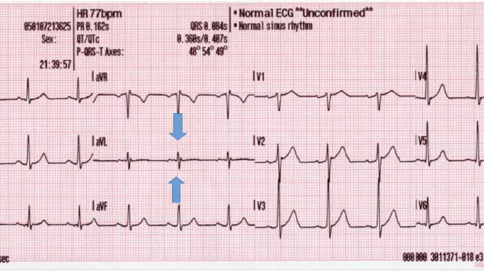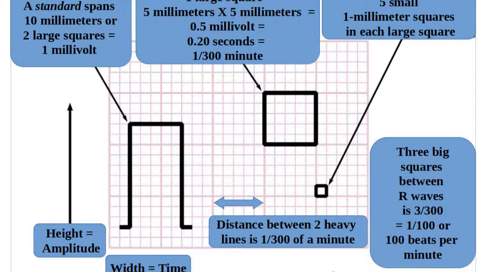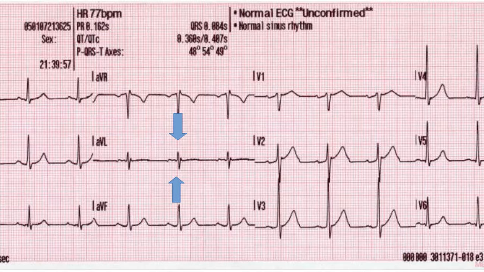Each large square on the grid measures 5 millimeters. It represents 1/20th of a second, or 200 milliseconds. Each large square contains 25 little squares. Don't concern yourself with the little squares. First, find an R wave that peaks on a thick line of the ECG grid.